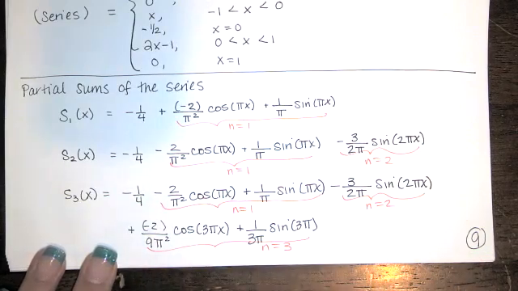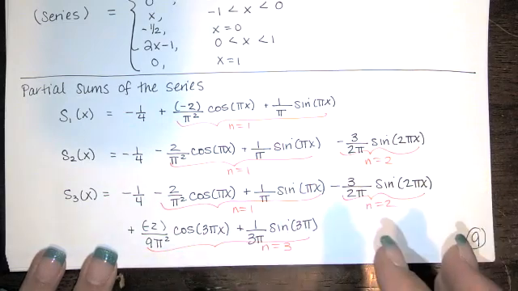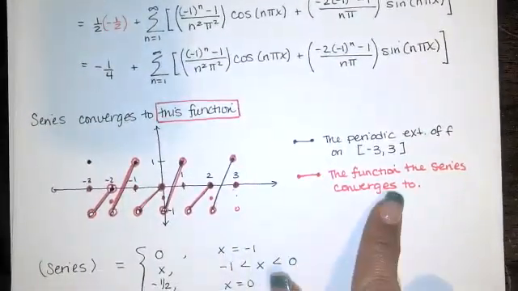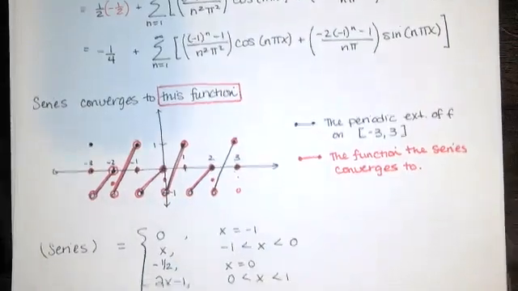So again, we're taking these linear combinations of cosine and sine functions. We're just multiplying them by the appropriate constant. And we're saying if we add these together, this series turns out to converge to this periodic extension.